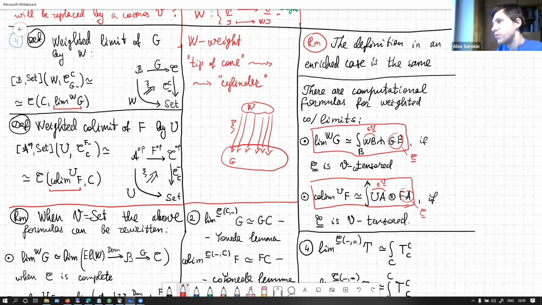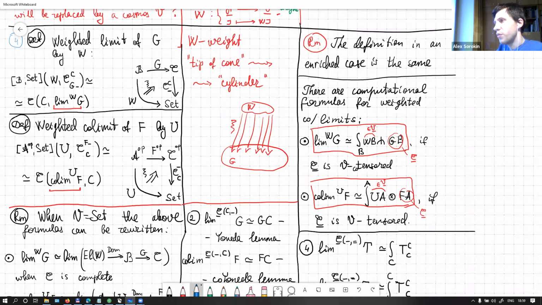For this reason, we need to know how to take the cotensoring operation between objects of V and category C. So we need C to be V-cotensored. In the previous or pre-previous lecture, I gave you the notion of tensored and cotensored. I will give it again a little later today, when we will be talking about Tensor-Hom-Cotensor situations.